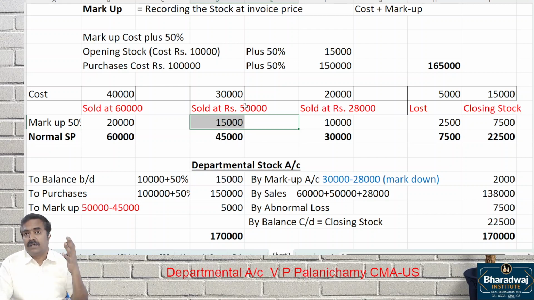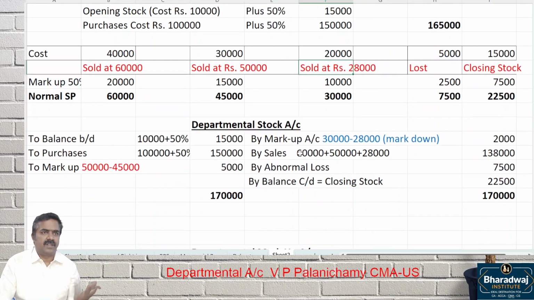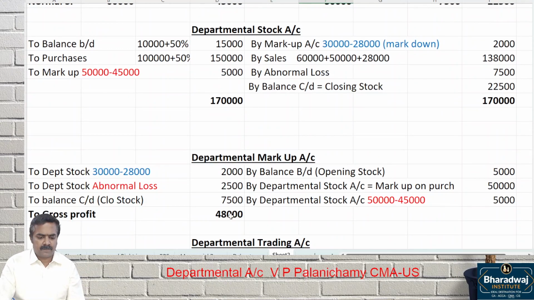How much did we earn? 5,000. So 15,000 plus 5,000, 20,000, plus the other 20,000, 40,000. On this 10,000 we should have earned, but we sold for 2,000 less. So 8,000 profit realized. 48,000 profit realized. That is the profit.